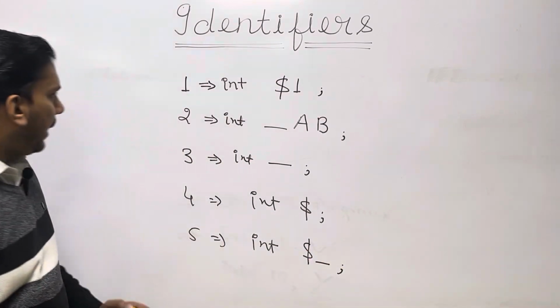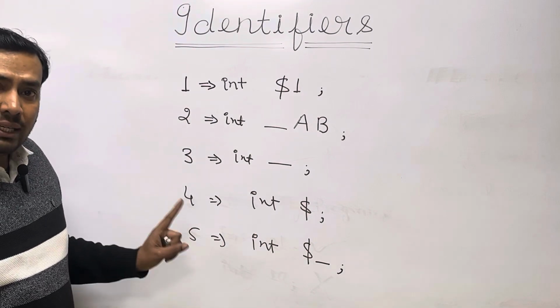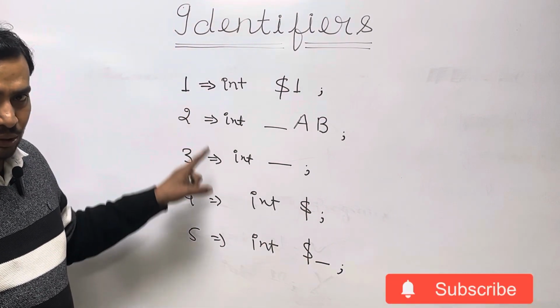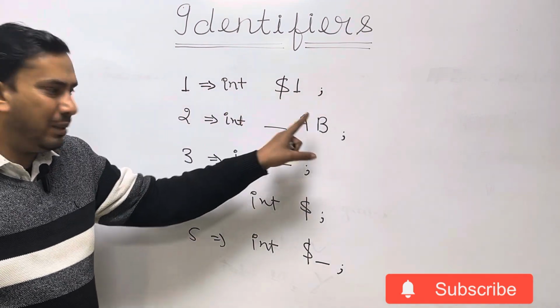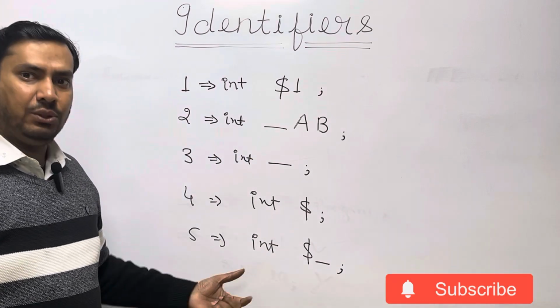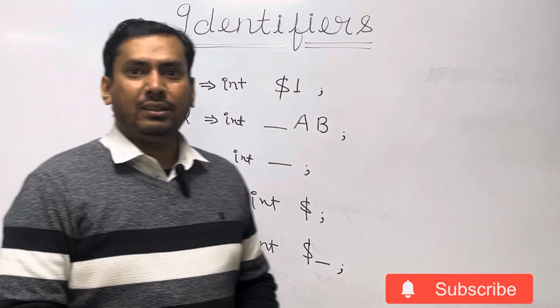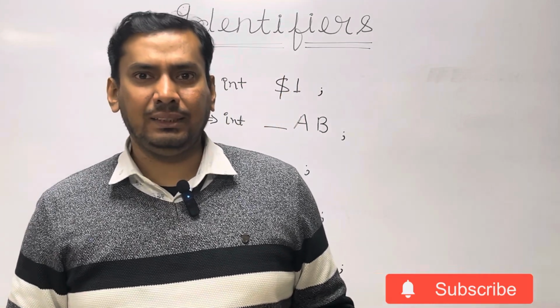Try to compile these 5 identifiers one at a time. Don't write all together; take one, check what happens, then take the other, and so on. You will come to know several new things. So, that is all about identifiers. Thank you.